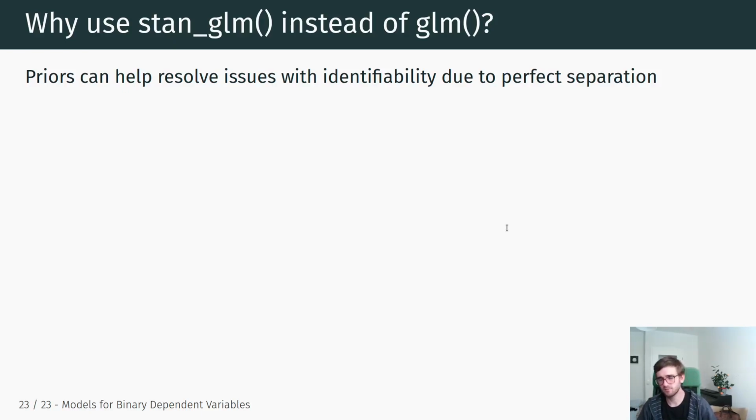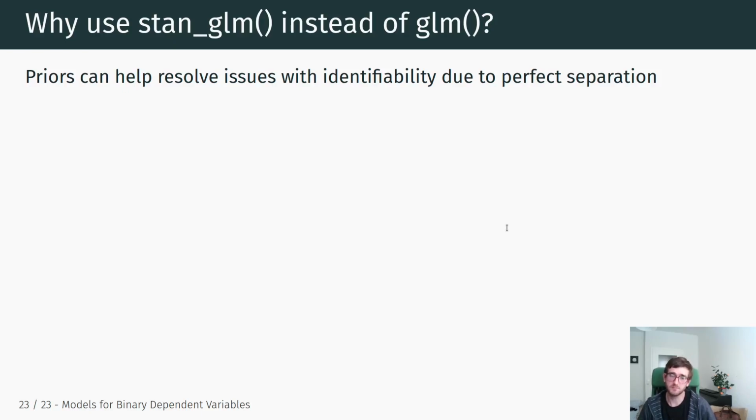So just imagine you had two income categories, but everyone who belongs to the higher income category votes one way rather than another.